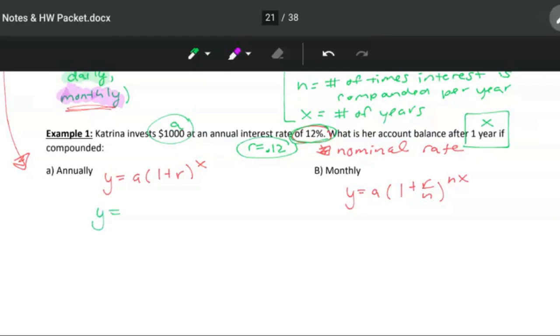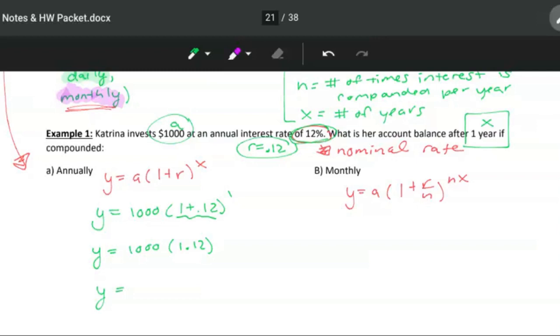So we have y equals 1,000 times (1 plus 0.12) to the first power. If you want to clean that up, you can, or you could type it in your calculator right away. You can add these together, 1.12. If you're raising something to the first power, you don't even need to raise it to the first power.